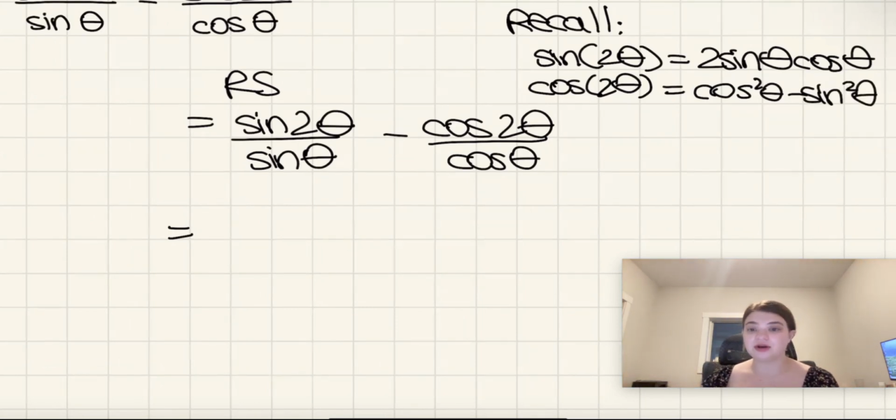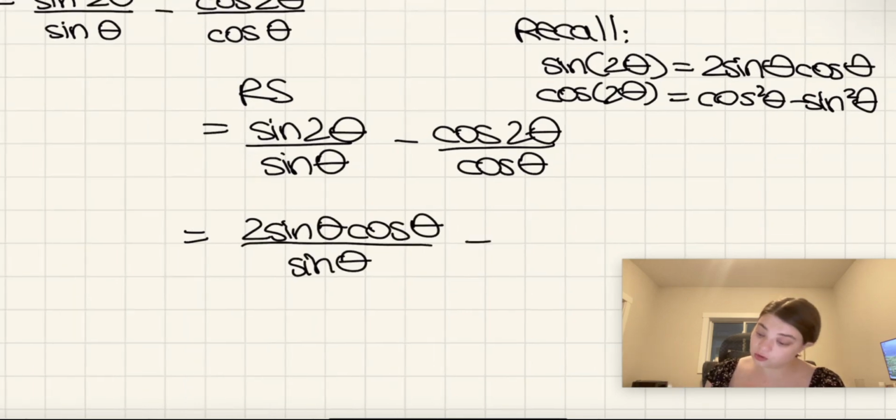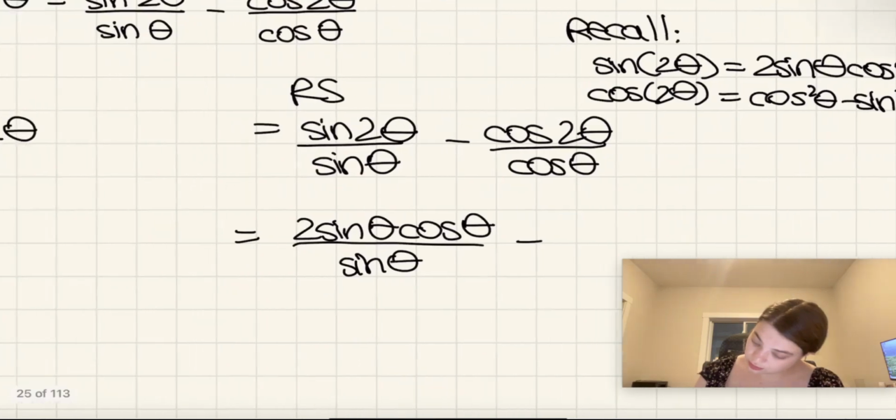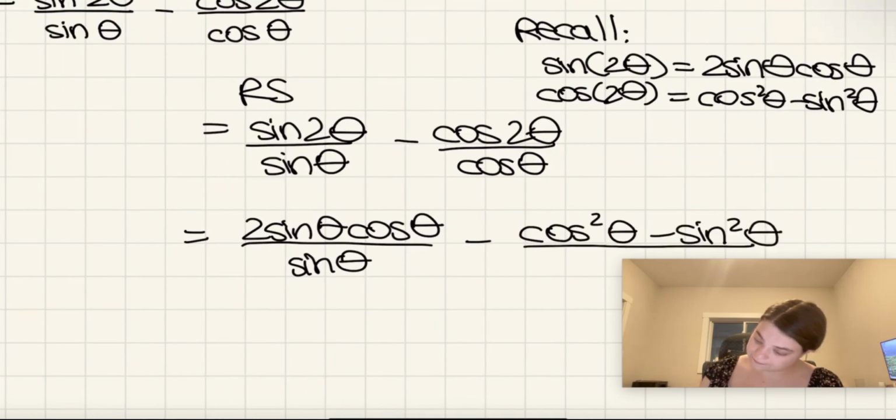So in my next line, I'm going to replace sine 2 theta with 2 sine theta cos theta. And I'm going to replace cos 2 theta with cos squared theta minus sine squared theta.